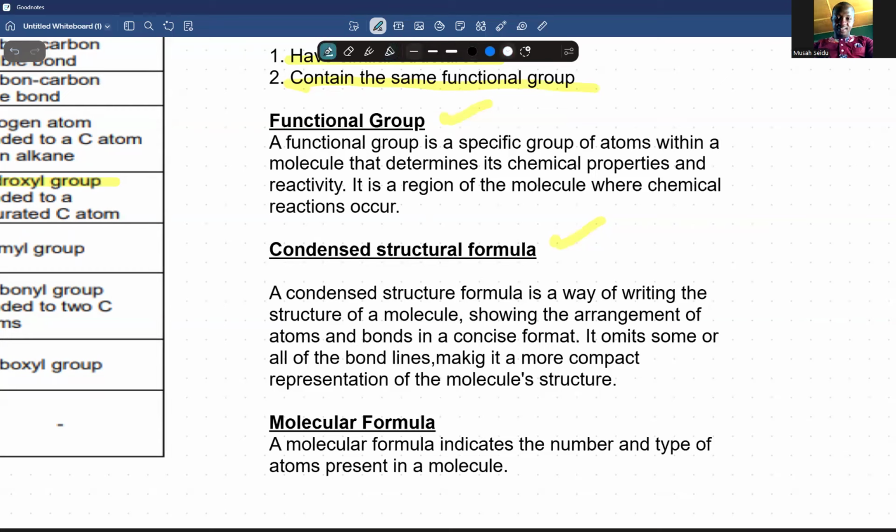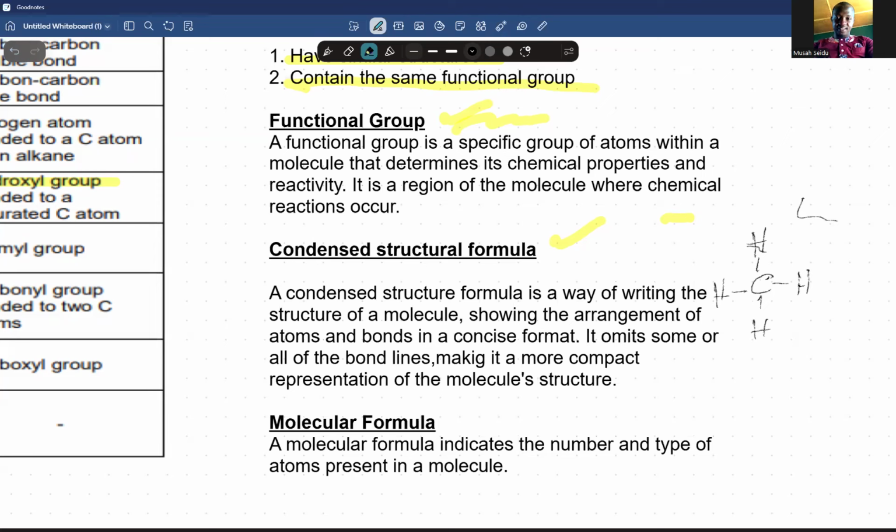For instance, we have learned in the previous lessons that whenever we have a molecule like this, this is the structural formula.